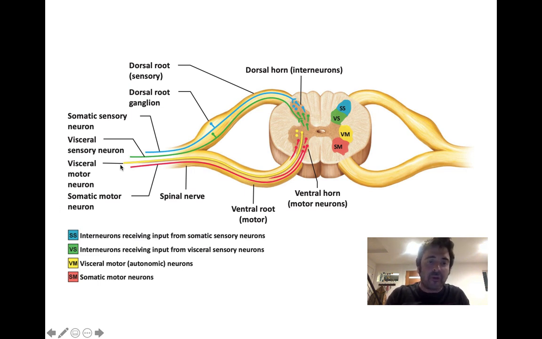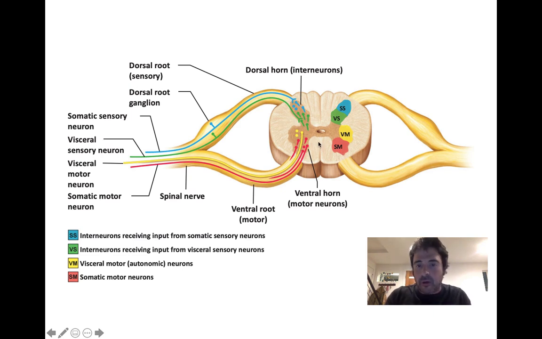So the effector of autonomic motor neurons is cardiac muscle, smooth muscle, or glands, whichever gland you're talking about, glands in the GI tract, the adrenal gland, for example. And these are the motor outputs that you don't regulate at a conscious level. You can't decide that you're going to start producing sweat along the sweat glands in your antebrachium, or forearm. You don't exert conscious influence over that.